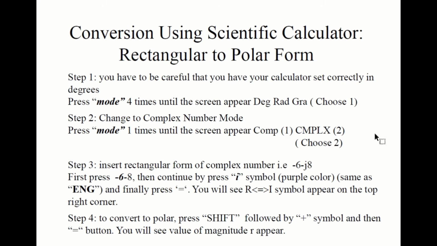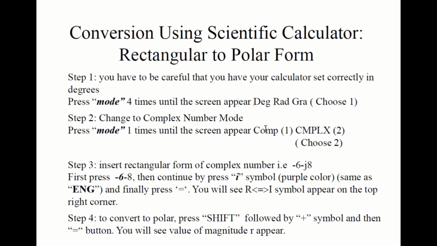These are important facts that you need to know. You can use your scientific calculator to convert from rectangular to polar and also polar to rectangular. But first, you need to set your scientific calculator to the correct mode. First, press mode 4 times to change to degrees.